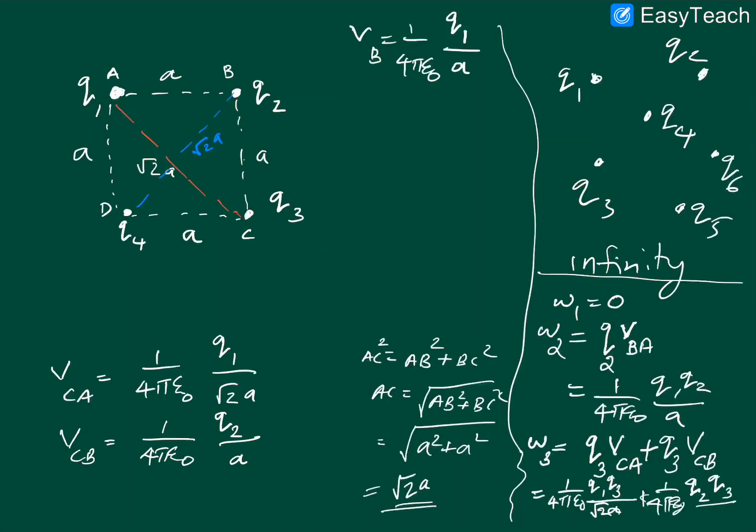W3 is 1 by 4 pi epsilon 0 Q1 Q3 by root 2A plus 1 by 4 pi epsilon 0 Q1 Q3 by A.